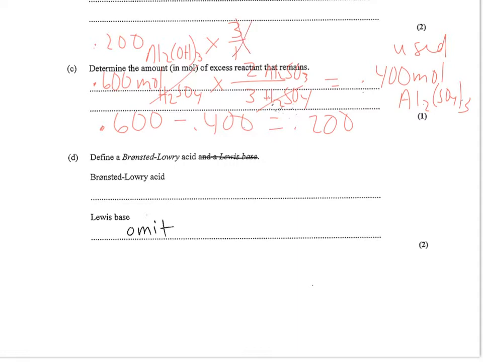My molar ratio is 2 to 1 of Al2SO4 to 1 mole of the product being made, Al2OH3, and that would also let me know that I'm going to use 0.400 moles of my excess reactant, and when I subtract from the 0.600 I started with, it leaves me 0.200 moles.